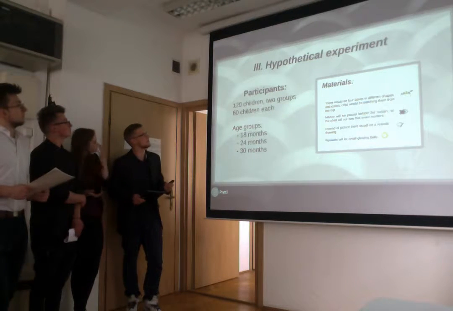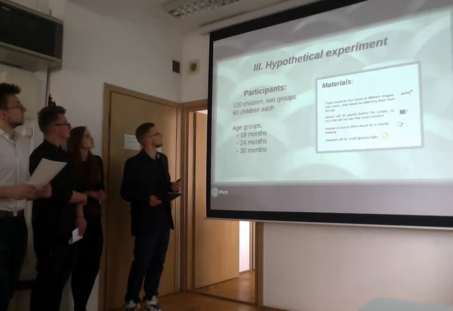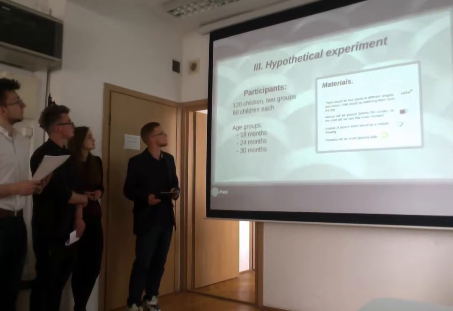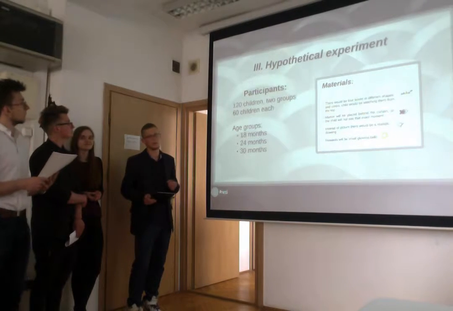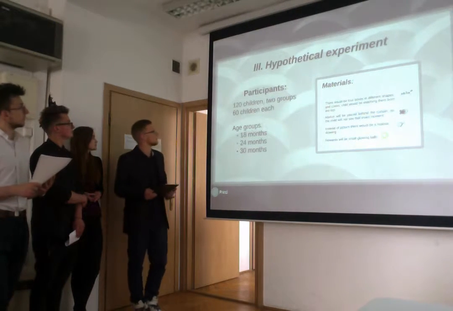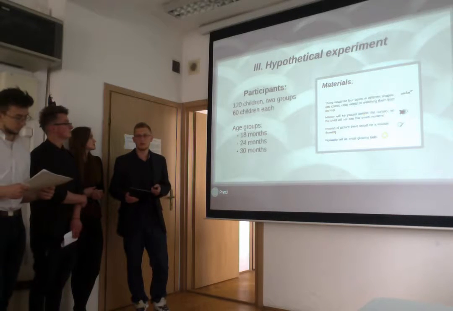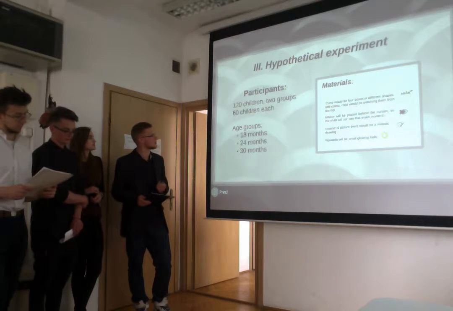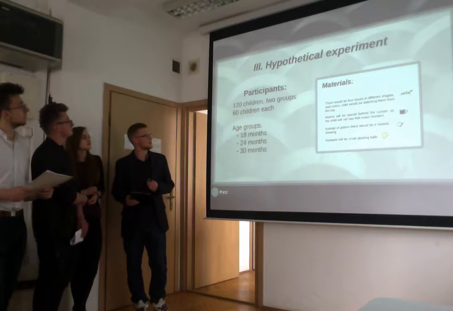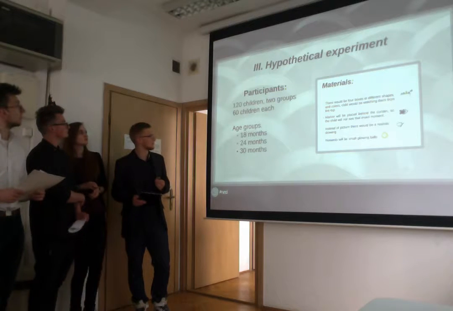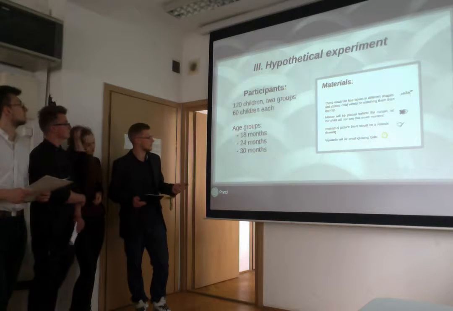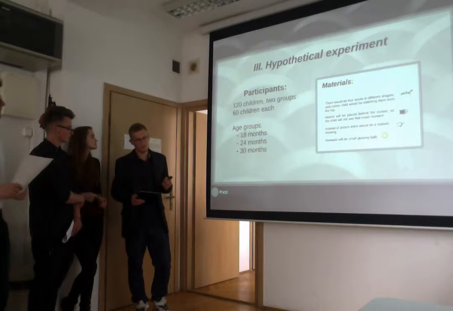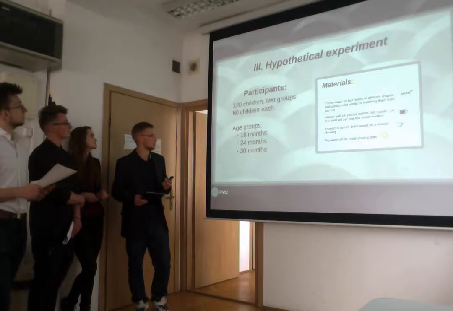In our hypothetical experiment, there have to be participants. As participants we took 120 children, who were divided into two groups, 60 children each, and the children were divided into age groups: 18 months, 24 months, and 30 months, and there were 20 children in each group.